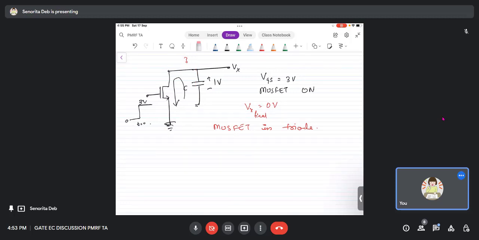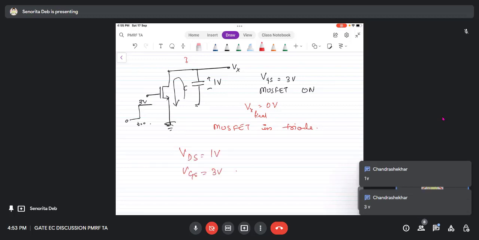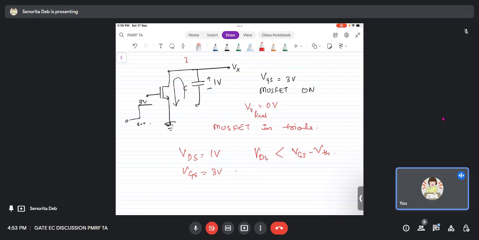What is VDS? VDS is 1 volt. And what is VGS? 3 volts. So VDS will be less than VGS minus VTH, right? That's why the MOSFET is in triode. And it will always be in triode because Vx will be going towards 0 volts as the capacitor discharges. Had this voltage been more than 3 volts, then there was a chance that we could say it is in saturation and use the saturation formula.